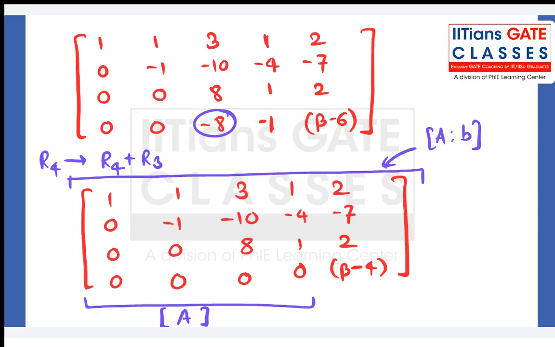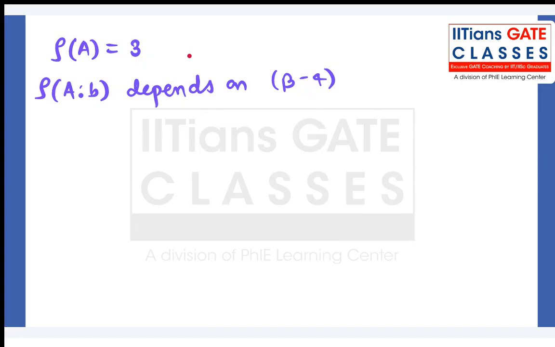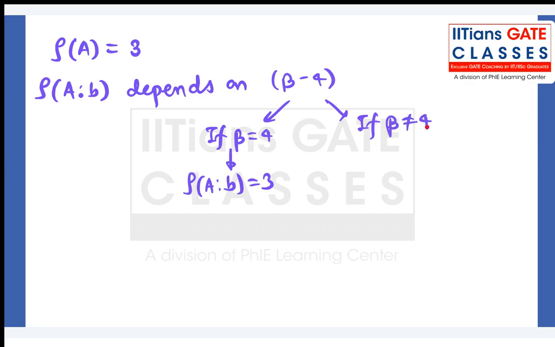So if beta is equal to 4, then what happens? This beta minus 4 term is 0. The rank of your augmented matrix is 3. But if your beta is not equal to 4, the rank of your augmented matrix is 4, because there are no zero rows, so rank is 4.